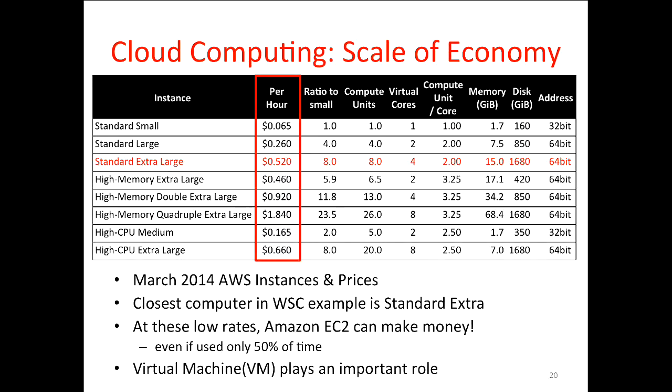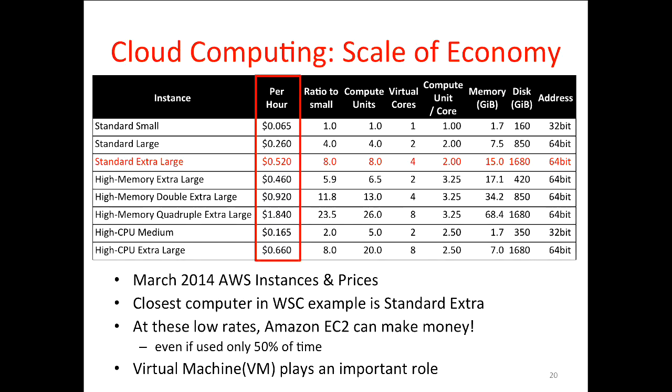Okay, then let's talk about cloud computing, which shows the economies of scale. This table shows the price of each instance in Amazon EC2. Here, standard storage is almost comparable to the server in our example. As you can see, it's very cheap, right?